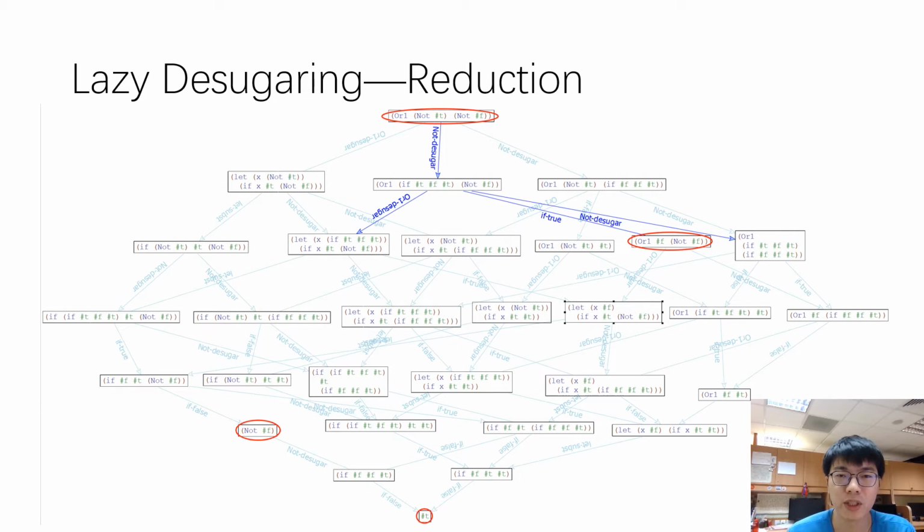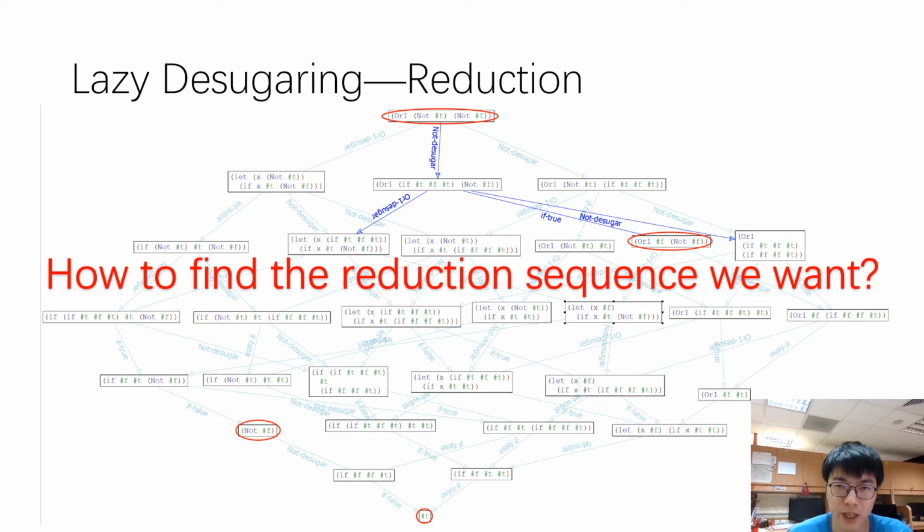What I care about is the intermediate terms with red circles. Maybe you have noticed that they are just the same as the resugaring sequence, right? So the initial idea of our method is to find the resugaring sequence in the full reduction graph. But how to make it?